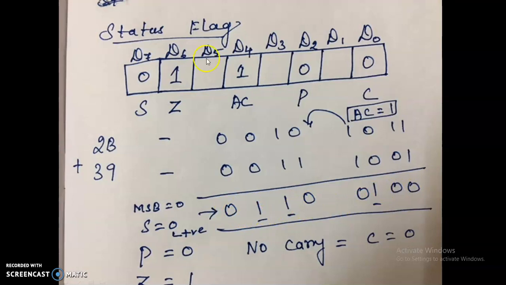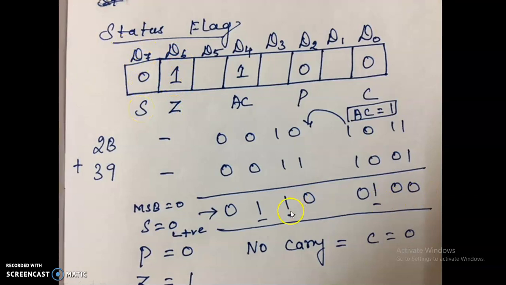Okay, this is the result. This is the status flag. There are 8 flags. This is the first bit, the 0th bit, the carry flag. D2 means the parity flag, D4 means auxiliary carry, D6 means zero flag, and D7 means sign flag here.